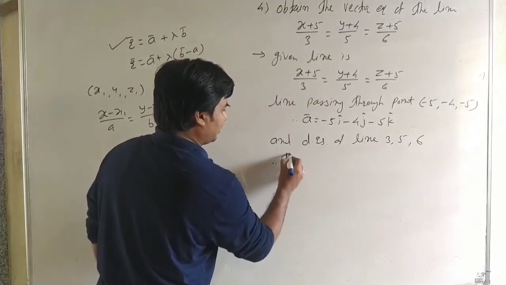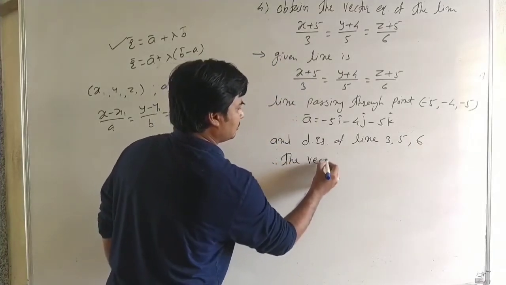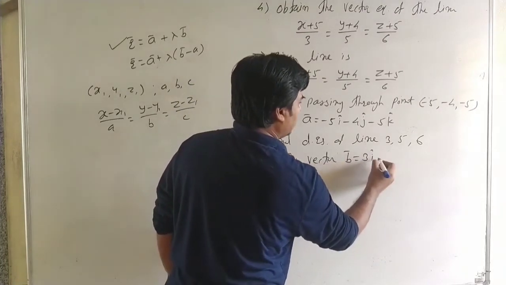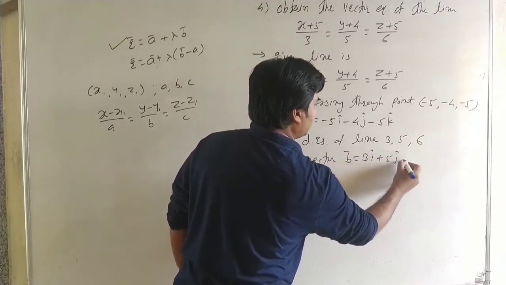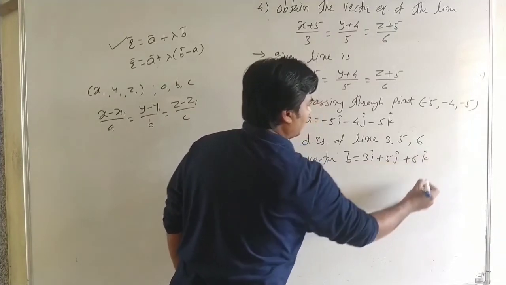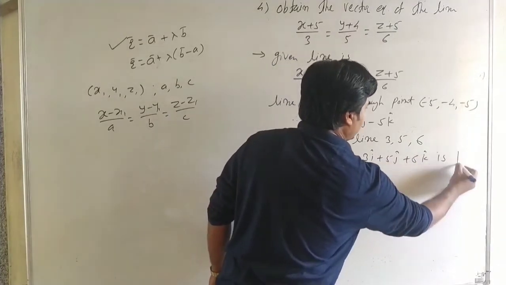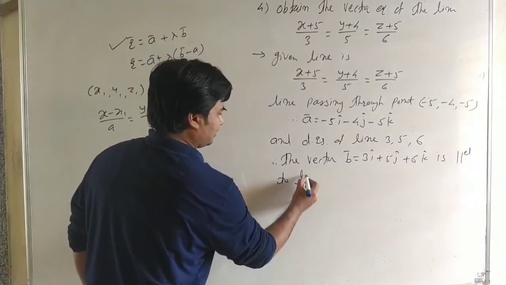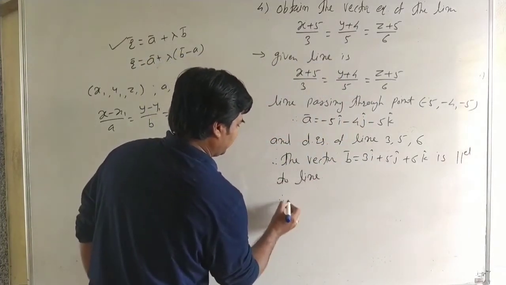Therefore the vector b bar, 3i cap plus 5j cap plus 6k cap, is parallel to the line, and therefore the vector equation of the line.